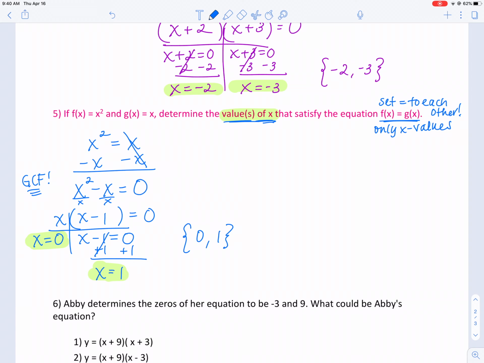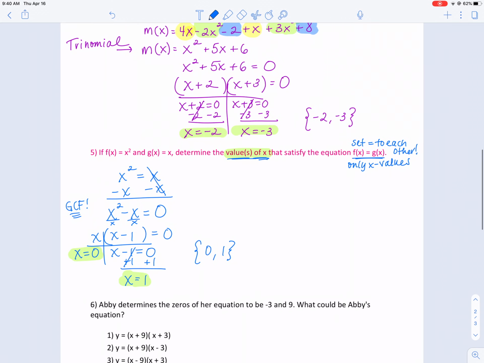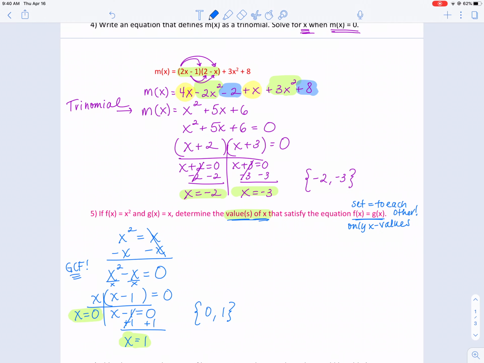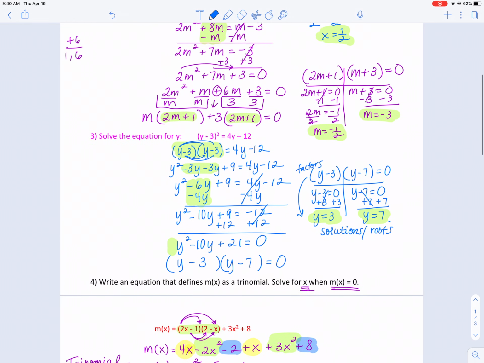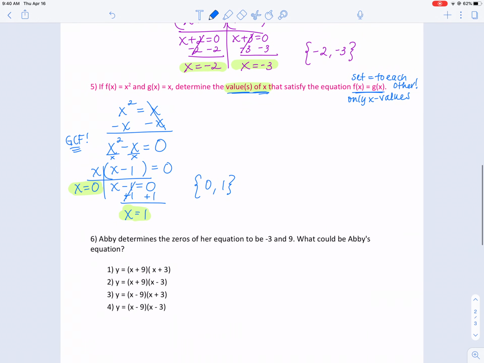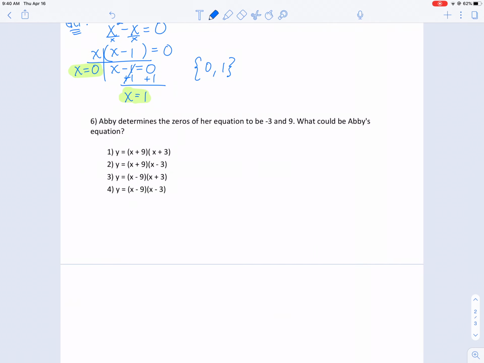And hint, as long as you have an x squared, how many answers do you have? 2, 0 and 1. Up here I had two answers, negative 2 and negative 3. Here I had two answers, 3 and 7, okay? If you have an x squared, which is quadratic, you should have two answers.